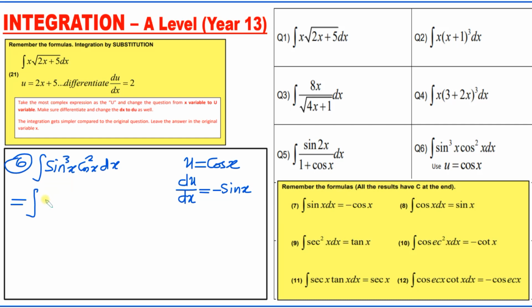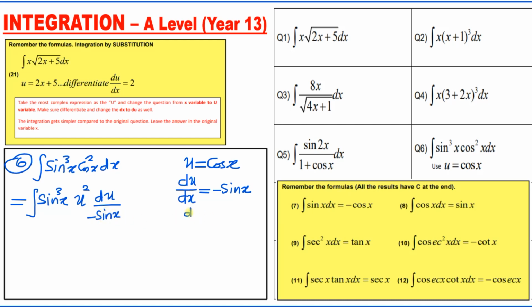Integrating sine cubed x, I will keep the sine cubed x as it is. Cos squared is u squared, and dx is going to be du over minus sine x. Does that make sense?